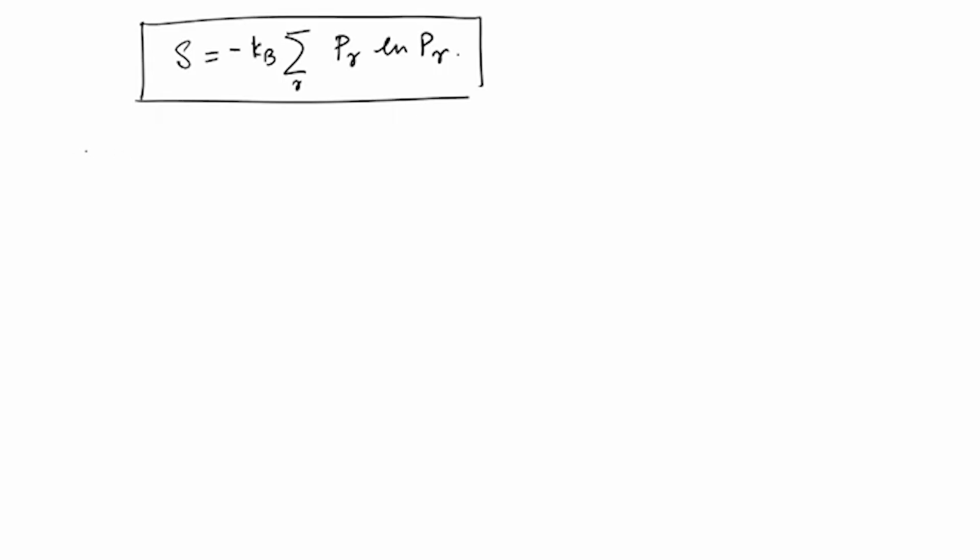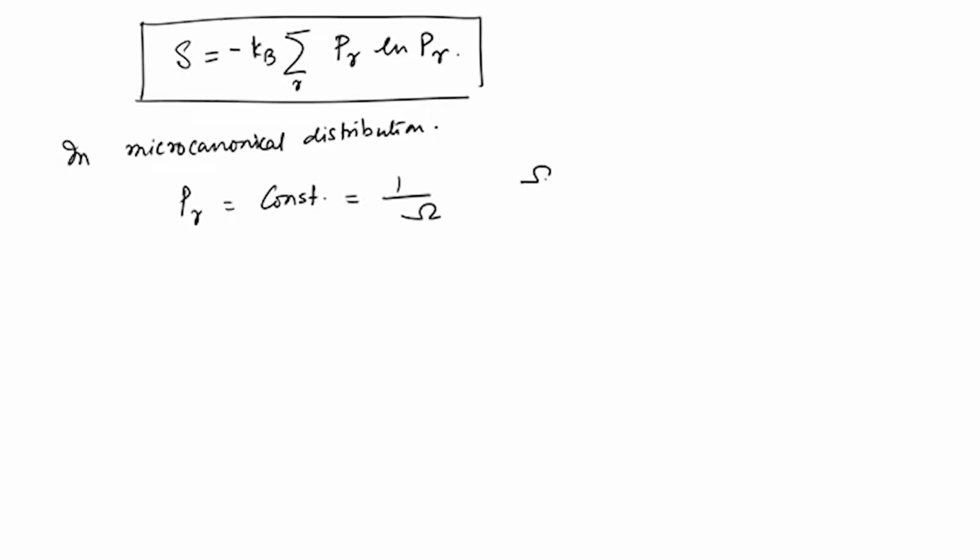In the microcanonical distribution, we have P_r equal to a constant, which is what we have said, and let us call this constant 1 over omega, where omega denotes the number of accessible states, the number of microstates, so to say.